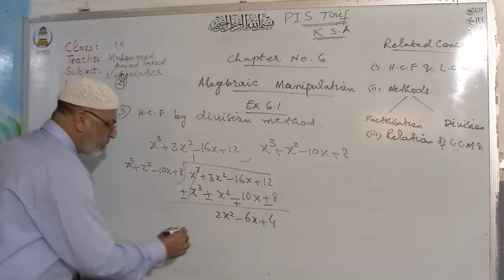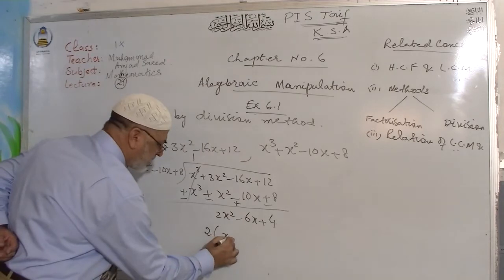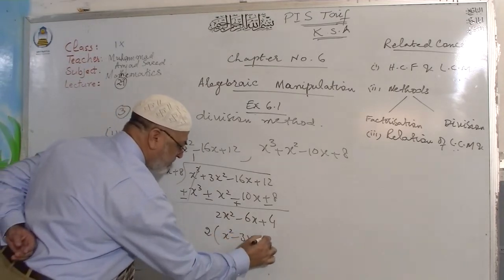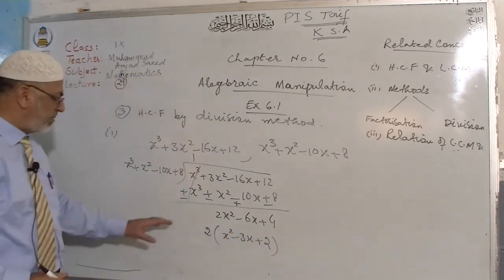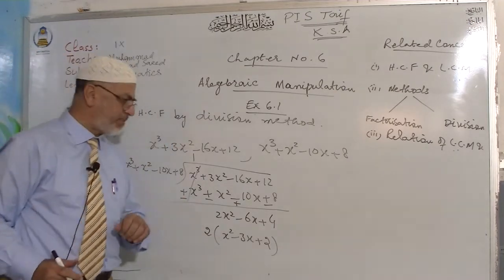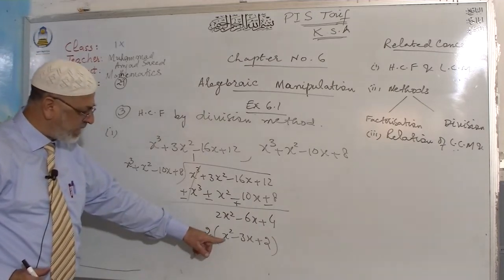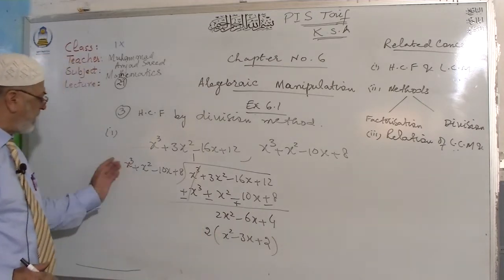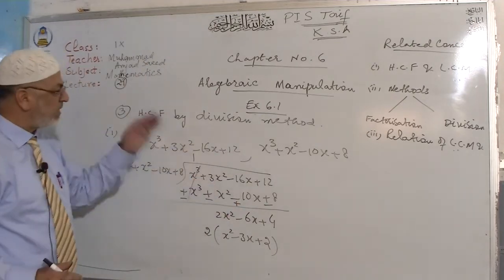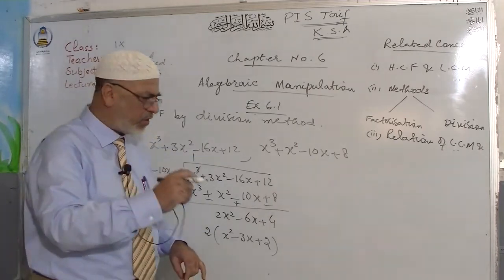You can take 2 common from this: x square minus 3x plus 2. Common means that it will not take part in the next step. Now you will write down this outside, it is x square, smaller, and this is bigger one, it will come inside. This will continue until you get remainder equal to 0.